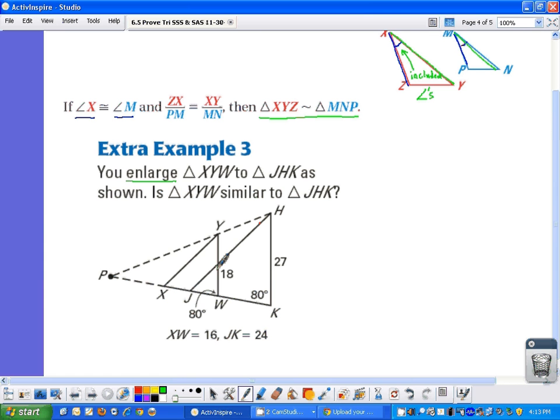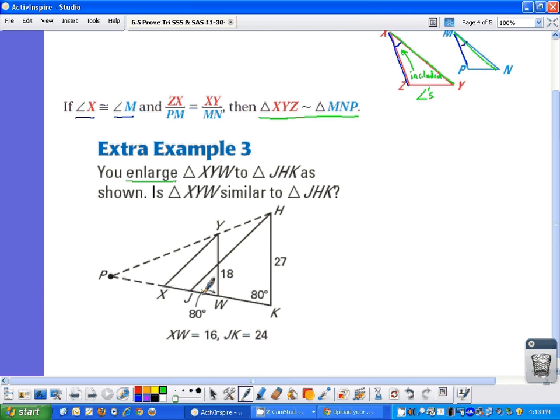So we're going to enlarge triangle XYW, this outer triangle, the little guy, to the size of JHK, as shown.